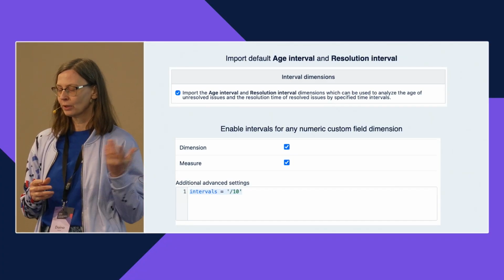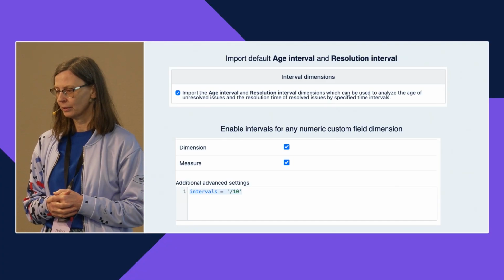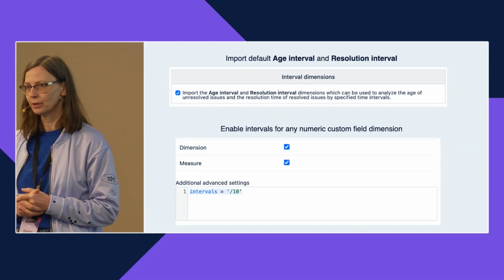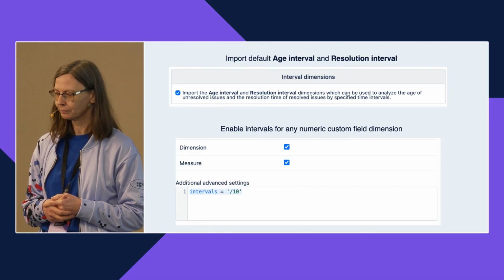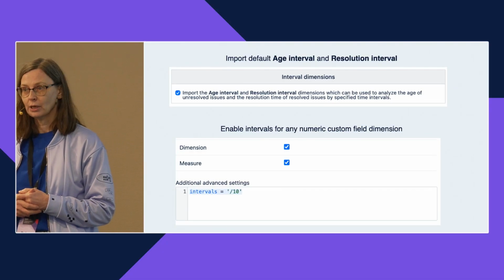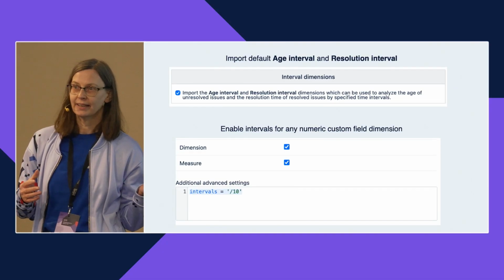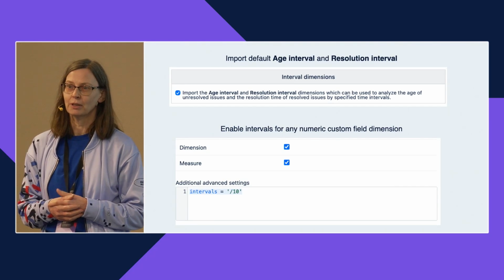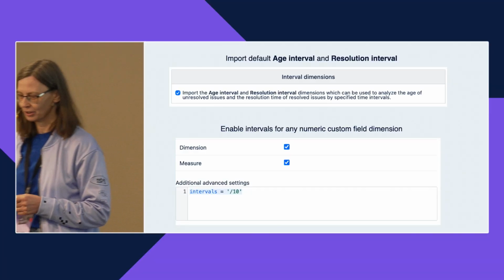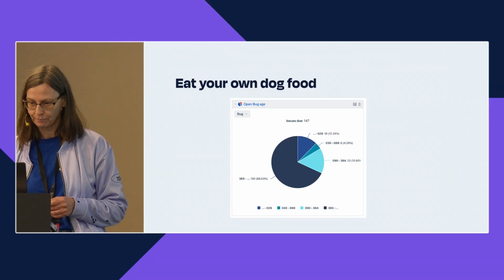You can enable it for age and resolution age intervals for grid import. And you can also enable it for any numeric field. If additional settings for those fields are available, you can enable this hierarchy for intervals as well.